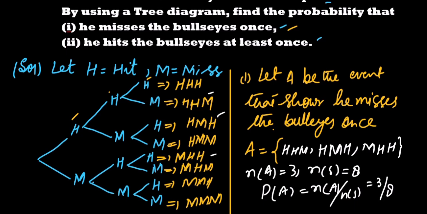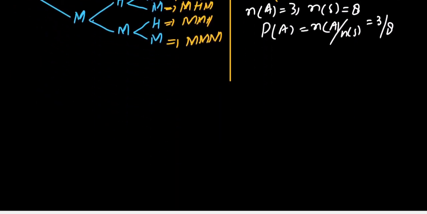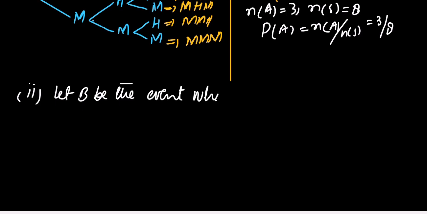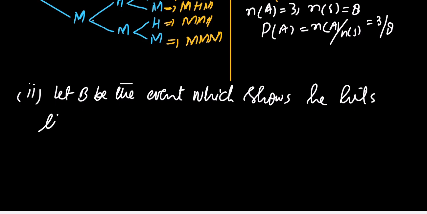The next one is the second part. In the second part, we have to calculate: let B be the event which shows he hits the bull's eye at least once.